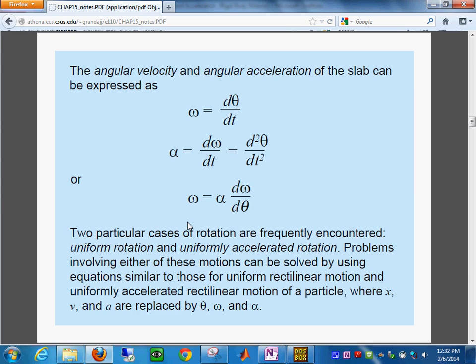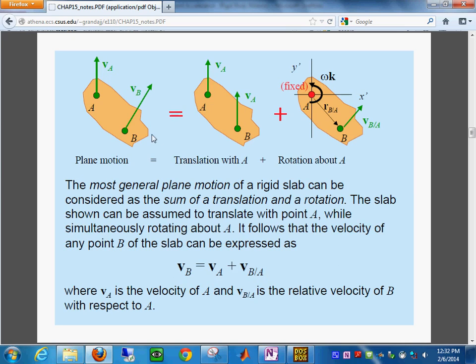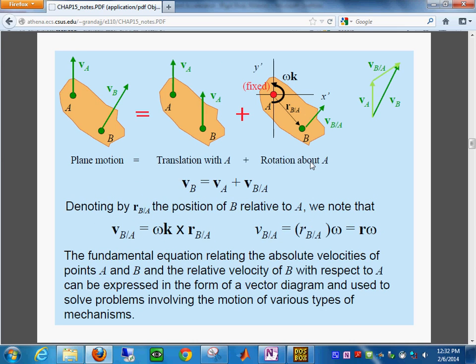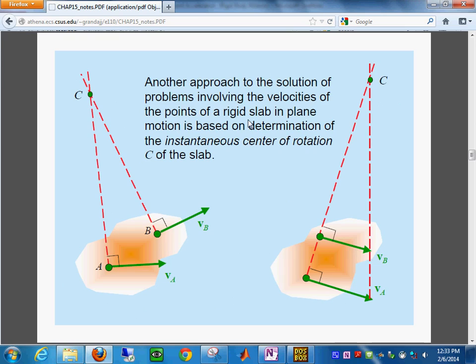Okay? So having said this, we also should point out that in this diagram, we can relate the pictures here of the plane motion, when the two velocities are different, to a translation plus a rotation about the point A. And this is the representation of this in vector form, and then we should see it also for the acceleration.